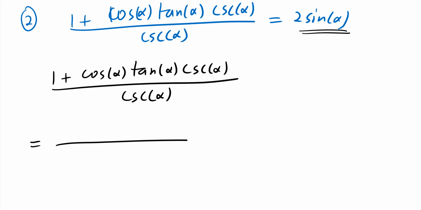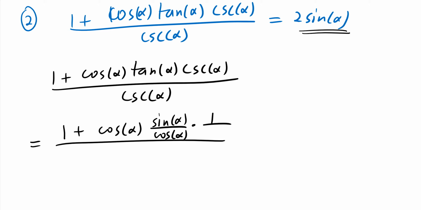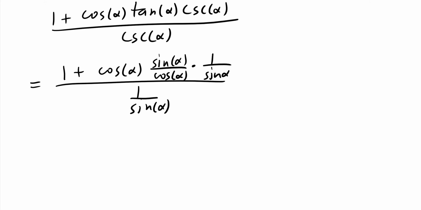So what I'm going to do is convert everything I come across. Cosine, I can't do anything, but tangent is sine over cosine. So sine alpha over cosine alpha. Cosecant is 1 over sine alpha. And cosecant again 1 over sine alpha. So let's see what we get. 1 plus cosine alpha cancels and sine alpha cancels.